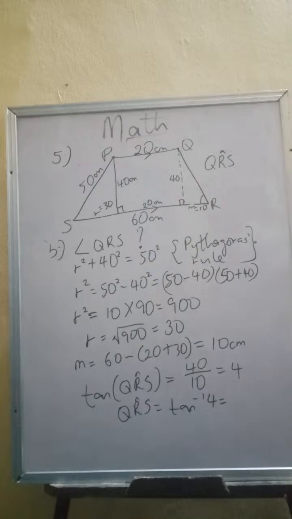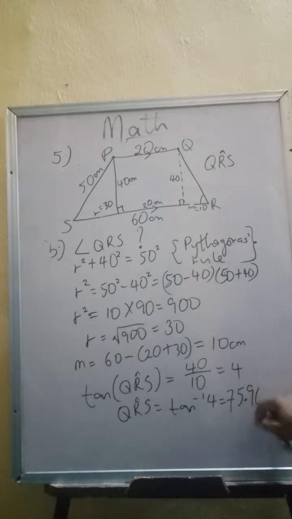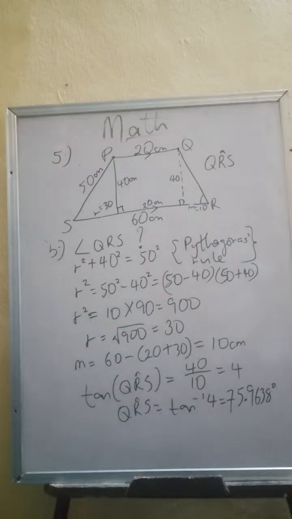So the tan inverse of 4 is 75.9638 degrees to 4 decimal places. And the question gives us a prescription on our approximation here. It says correct to 2 significant figures.